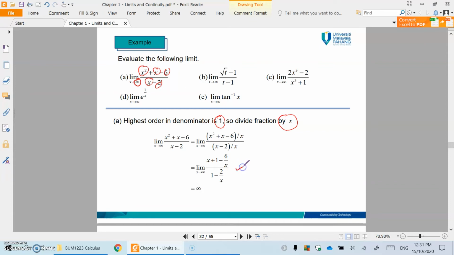So we get something like this. Evaluate the limit by substituting infinity. You will get infinity plus 1, which is a constant, minus 6 over x, which is 6 over infinity. It will be 0, and then 1 minus 0. As a conclusion, we get infinity.